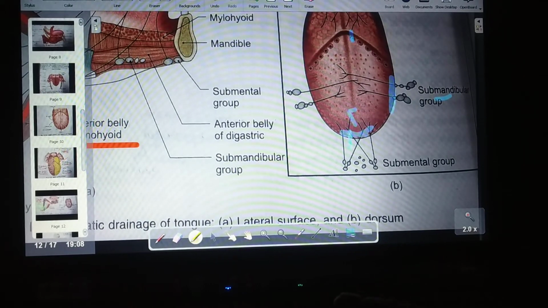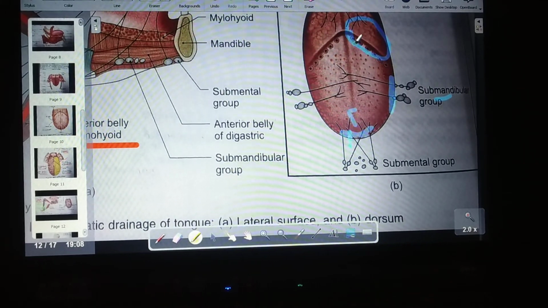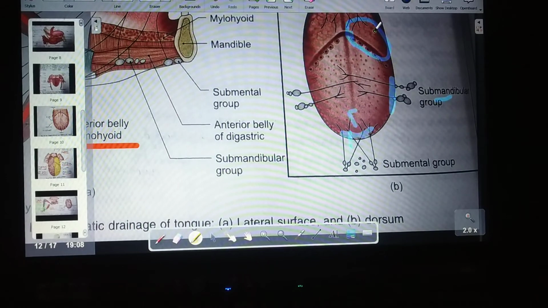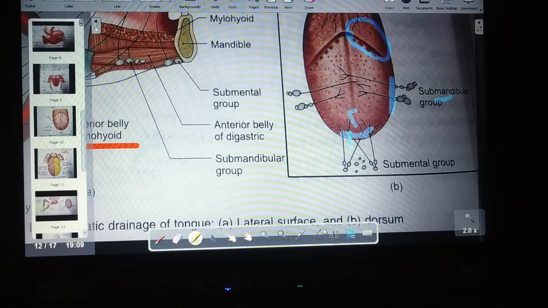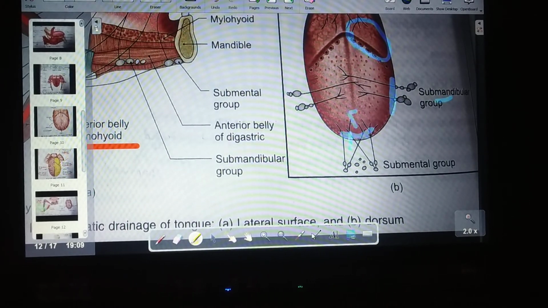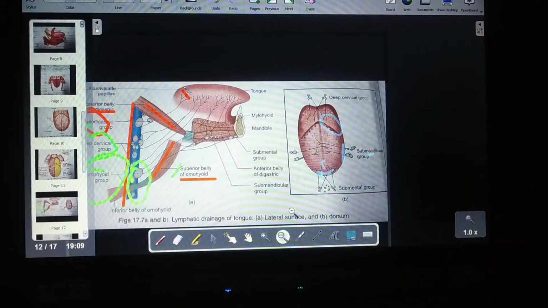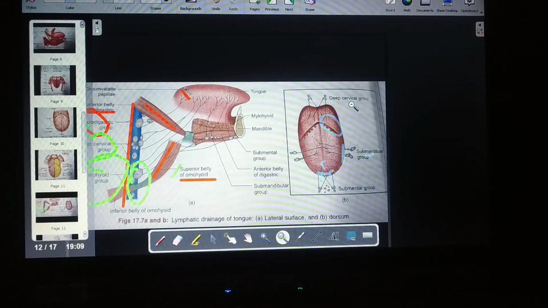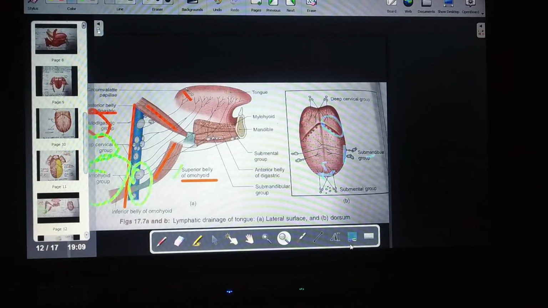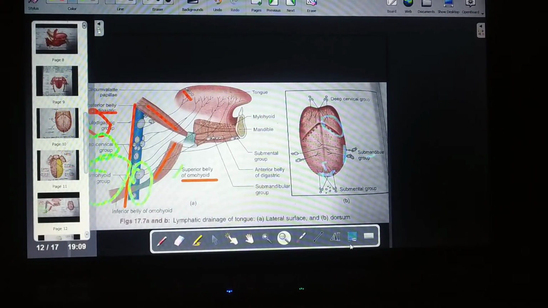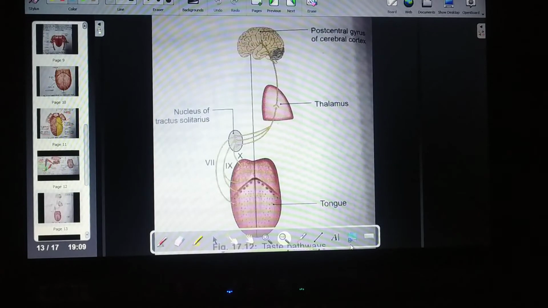This I have told you will go into the deep cervical group of lymph nodes. The ultimate destination will be jugulo-digastric, jugulo-omohyoid group of lymph nodes ultimately. So these are actually the deep cervical group of lymph nodes. This is the lymphatic drainage which we have covered now.